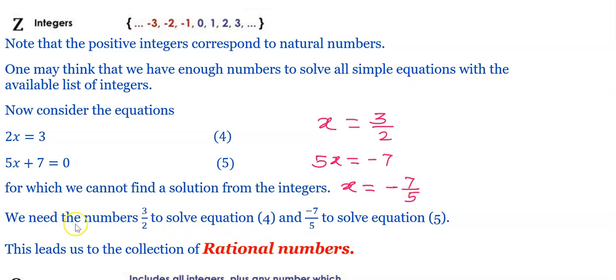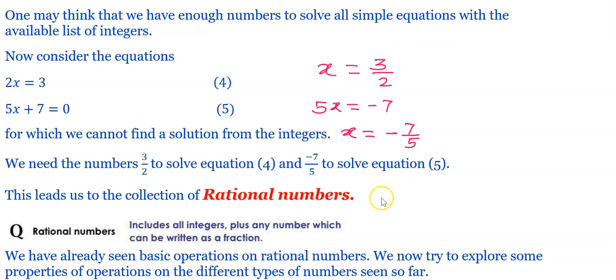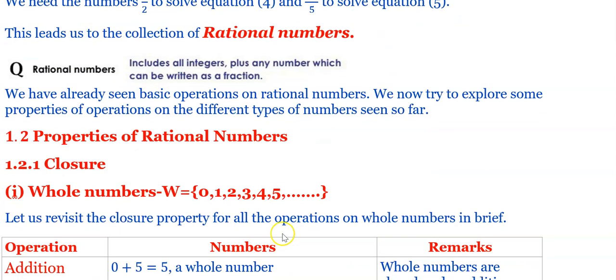And therefore, we need the number 3/2 to solve the equation 2x = 3, and -7/5 to solve the equation 5x + 7 = 0. This leads to the collection of rational numbers. The rational numbers include all integers plus any number which can be written as a fraction. We have already seen basic operations on rational numbers.